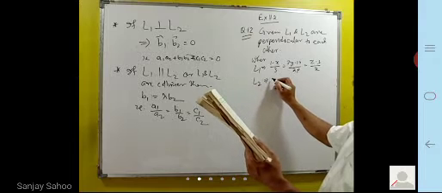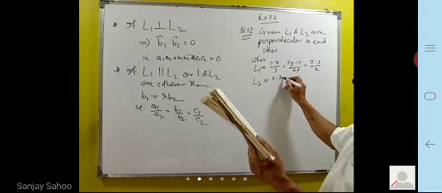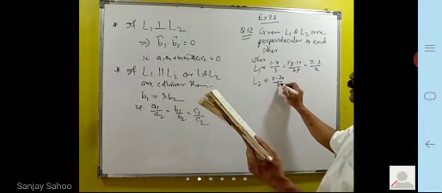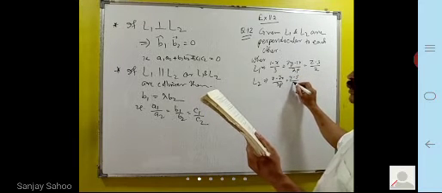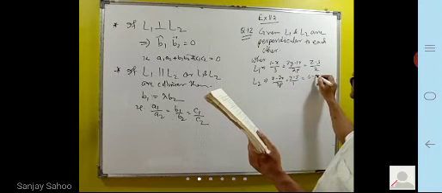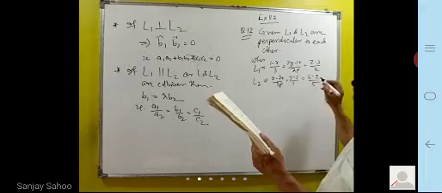And L2 is (7 minus 7x) upon 3p, (y minus 5) upon 1, (6 minus z) upon 5.